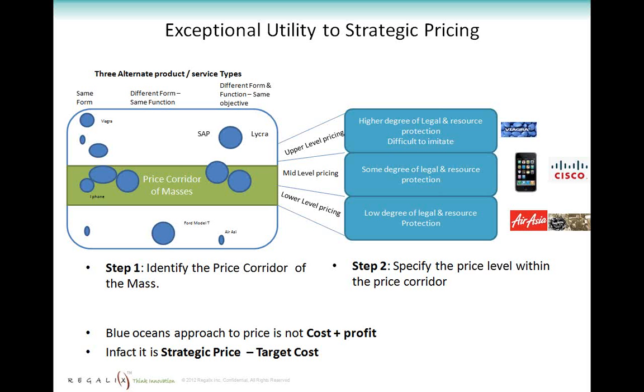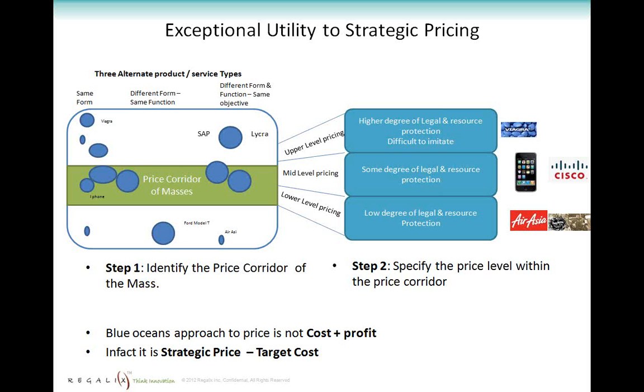So if a company has a higher degree of legal and resource protection, like patents and copyrights, it is recommended that you utilize higher-level pricing. If a company has a moderate amount of legal and resource protection, mid-level pricing is suggested, and if a company has a low degree of legal and resource protection, it is suggested to have a lower level of pricing.